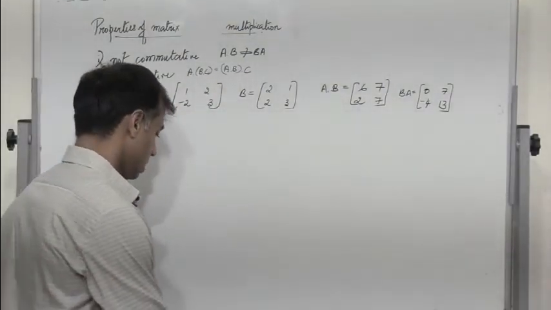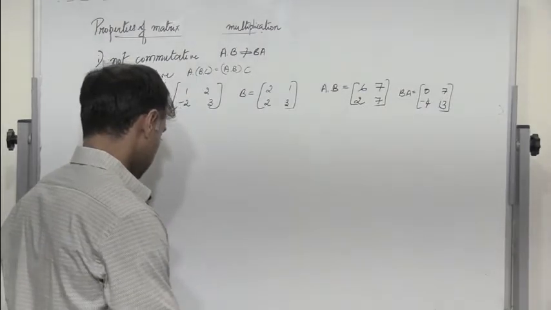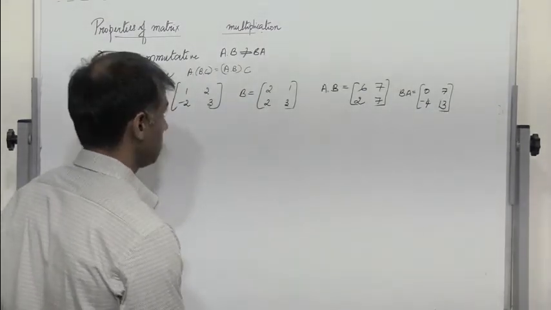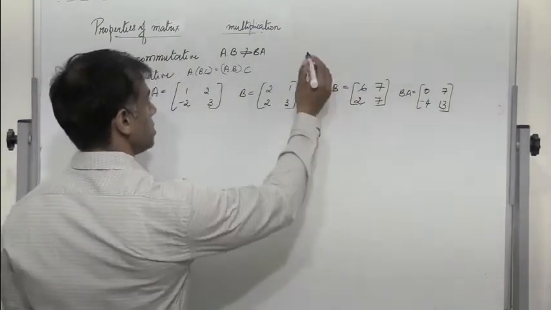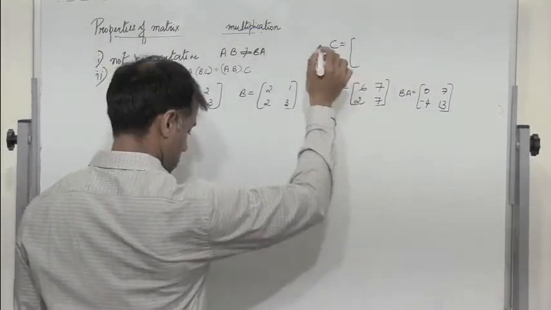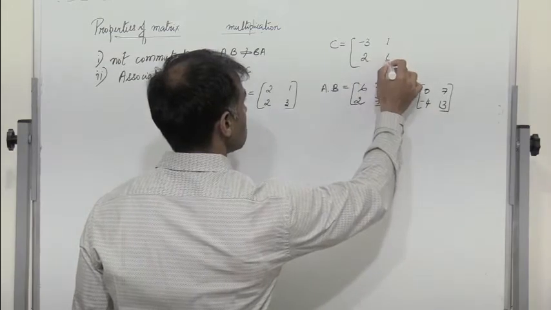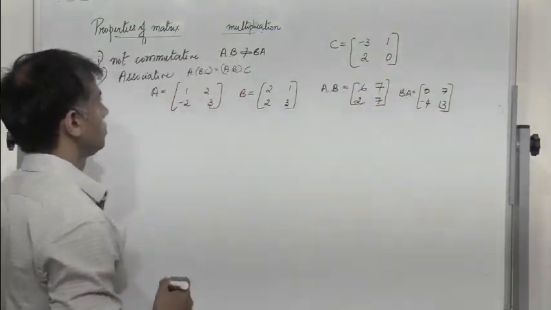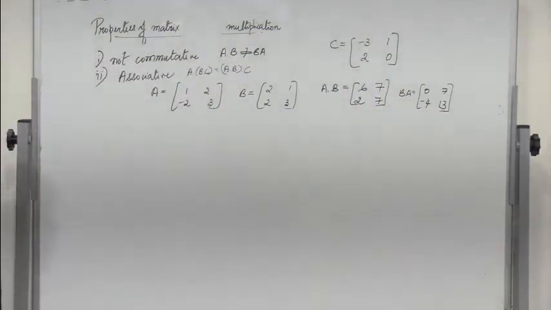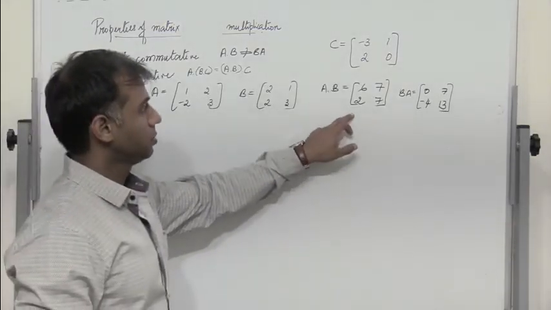So let's again take an example. So I have matrix C. So let me consider matrix C as minus 3, 1, 2 and 0. Okay. So I already have AB.